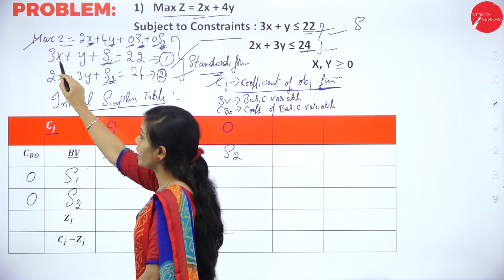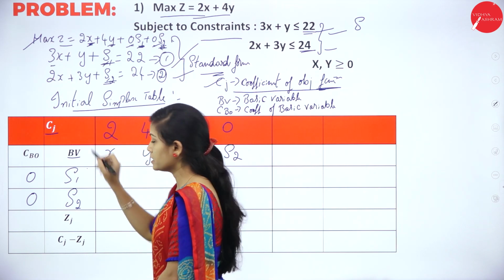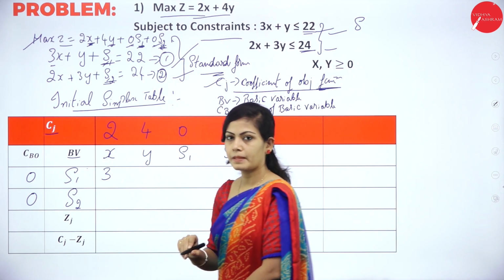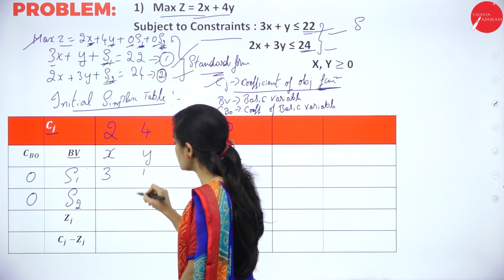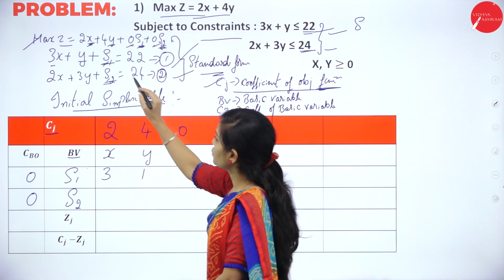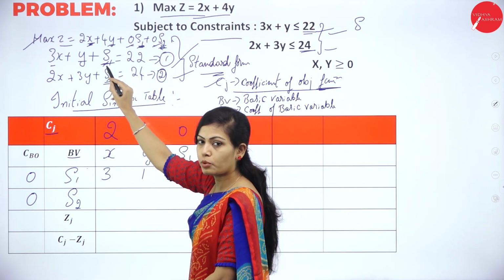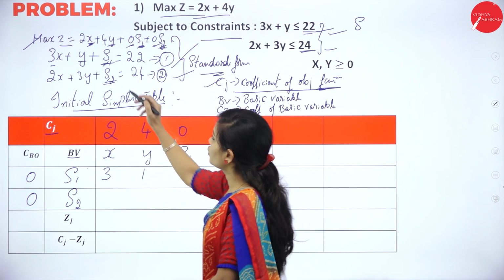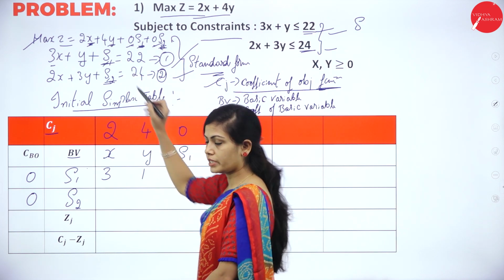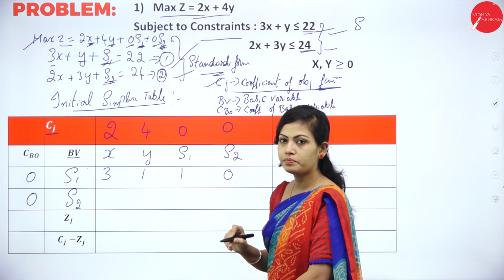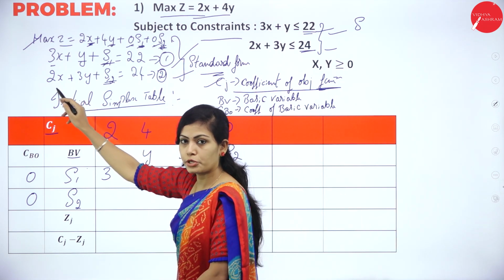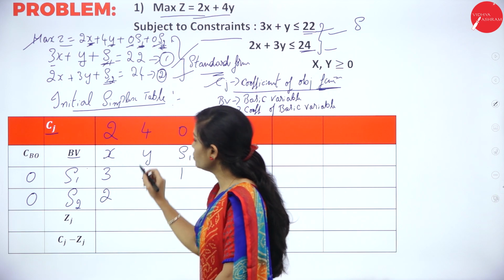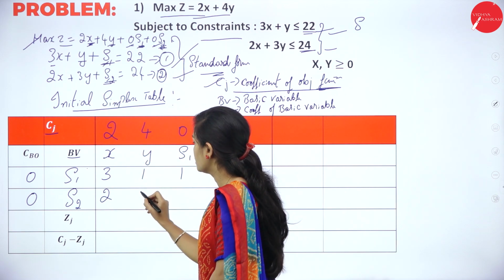The coefficient of x in equation number 1 is 3, and the coefficient of y is 1. The coefficient of S1 is 1, and the coefficient of S2 is not there, so I will write 0. The coefficient of x in equation number 2 is 2, and the coefficient of y is 3.